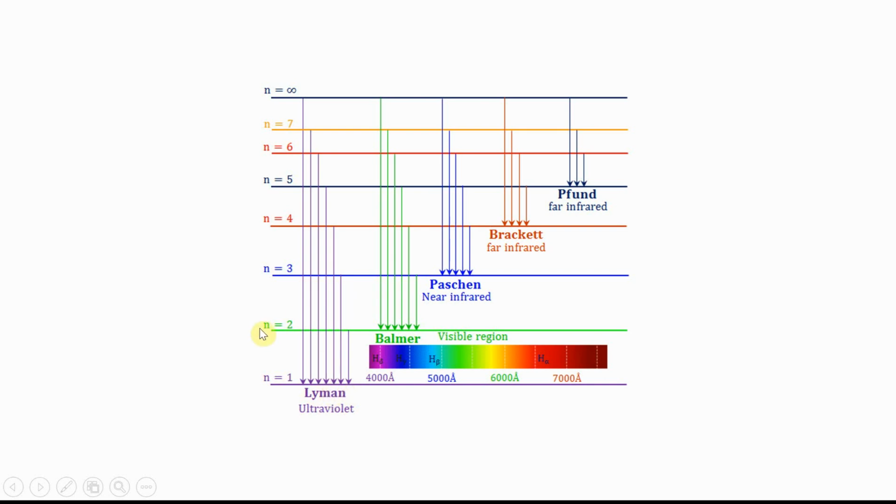You can easily mark here the first orbit, second, third, fourth, fifth, sixth, seventh, up to infinity. When the electron transition occurs from any outer orbit to the first orbit, you can easily observe that it is the Lyman series, and this color is also UV color, meaning violet color.